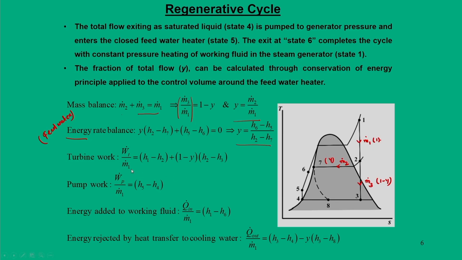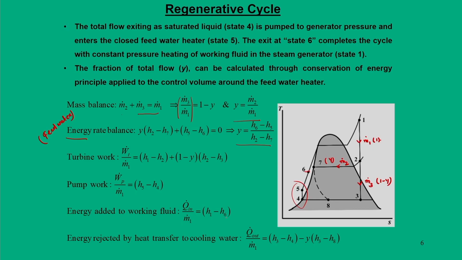Then obviously we can get the turbine work, that is in the first stage of the turbine we get H1 minus H2, and in the second stage turbine we get H2 minus H3, but the steam flow rate is 1 minus y. And similarly for the pump work we have H5 minus H4, that is one single pump which is here. And obviously when you see the heat added to the working fluid, since it is already at an elevated temperature, the temperature has already gone to state 6.